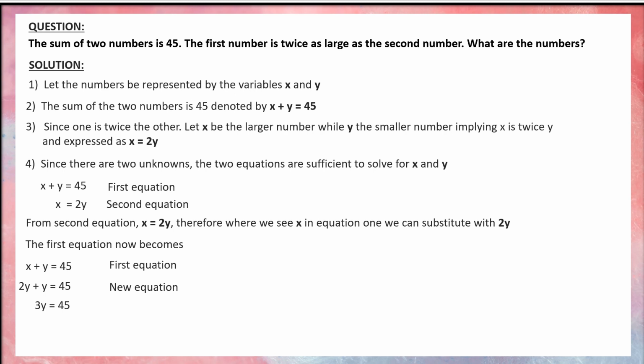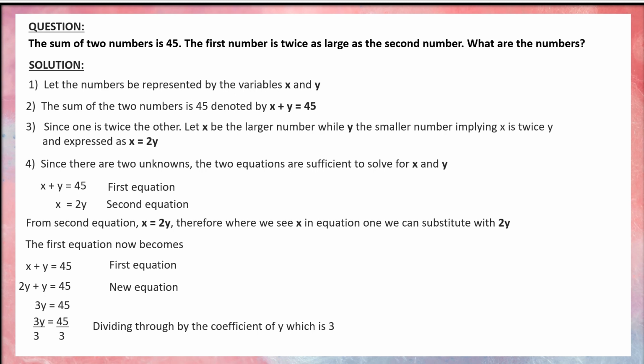Therefore, we can solve for y by simply dividing through by 3. What we do on the left hand side, we also do on the right hand side. So 3y over 3 equals 45 over 3.